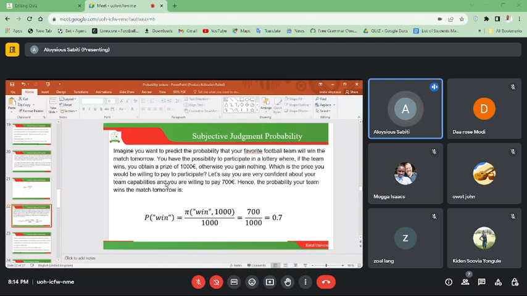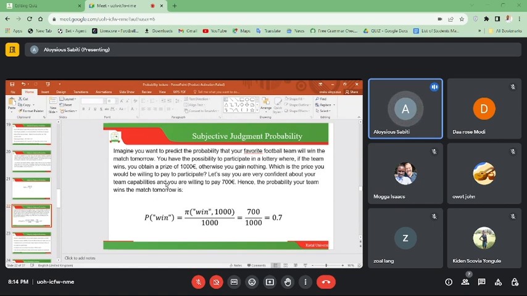You divide it by 1,000, and you can see that your figure is 0.7. So the subjective judgment there would be that my team is going to win.